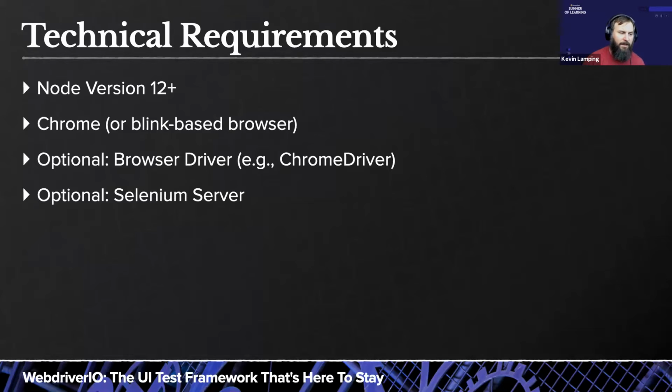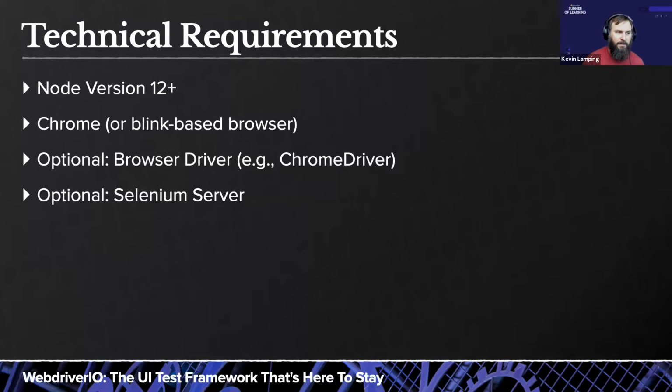Very creative naming. But you can run it through a browser driver, or you can have a Selenium server up and running. You actually don't need to install Selenium server manually. Part of that configuration utility allows you to get it set up automatically. And there's a Selenium server, Selenium standalone server service. That's a lot of S's.